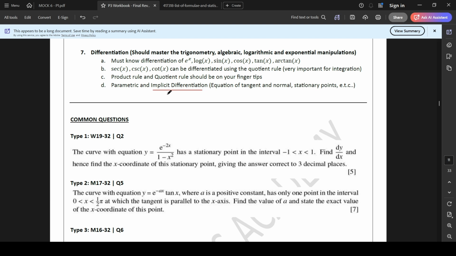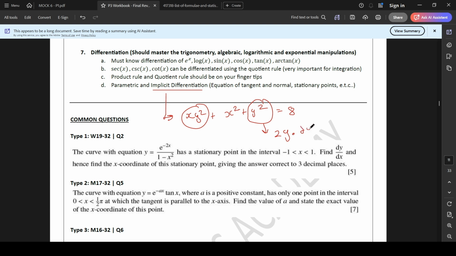And then the implicit differentiation. This is where you have a mixture of equations where x and y are together like this, and you are supposed to differentiate this with respect to x. Whenever you apply differentiation on the y terms, you differentiate it like 2y, and that's not it.